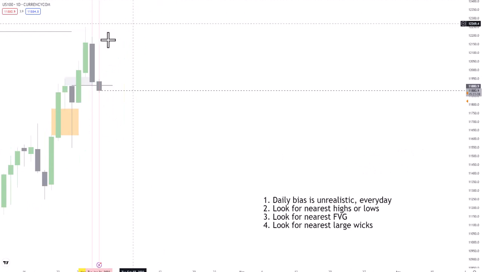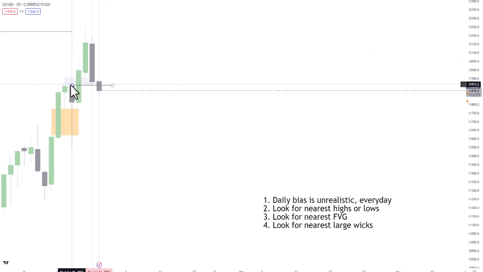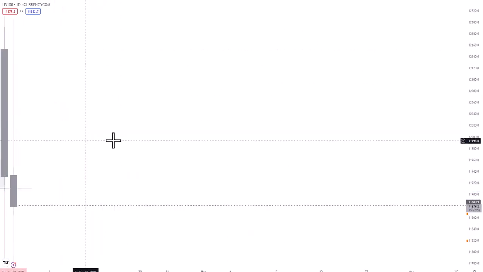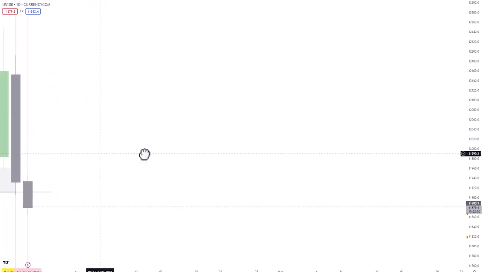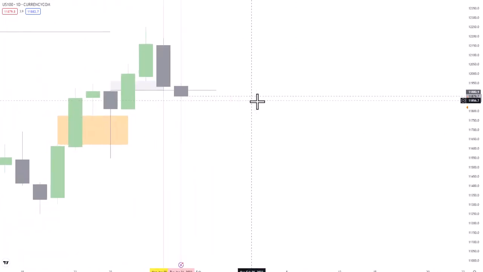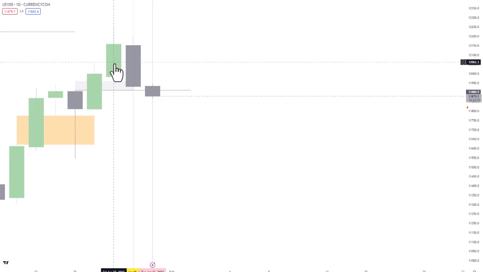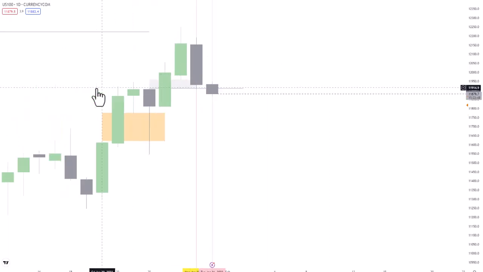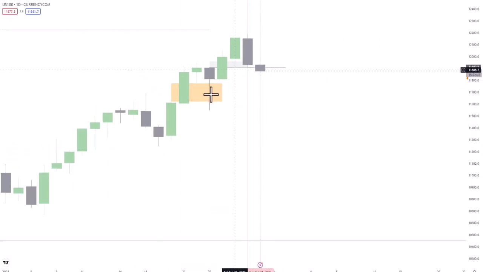Alright, so if you take out this candle, there's an FVG here. You can see this FVG clearly, the gap between this candle and this candle. So if I'm looking for the nearest FVG for my daily buyers, I'm expecting price to fill just like it did here and like it does in every other place.